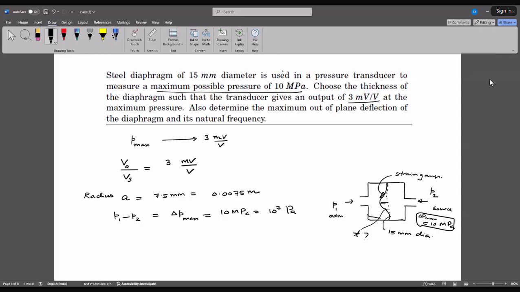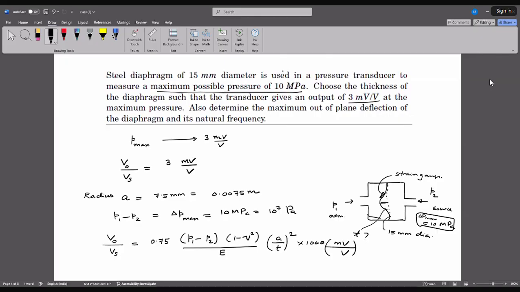Now, if I go to the formula that I had given you in the class, you can see in your PPT copy, the output voltage to the supply voltage is written as 0.75 into P1 minus P2 into 1 minus nu square, divided by the Young's modulus of elasticity, into A by T square, into 1000 millivolt per volt.